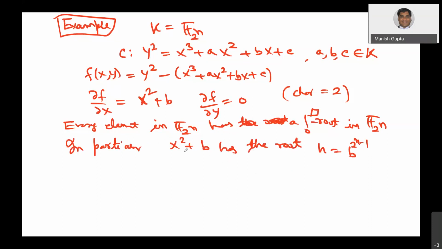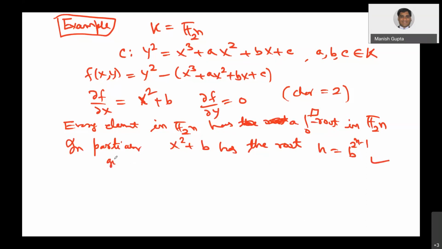Because when we substitute x at the place of h, it will be b raised to power 2 raised to power n, right? This equation will be satisfied, because any element of a finite field will satisfy the equation. So the root turns out to be this quantity. Now once h is this, I can substitute h in this equation and get the value of y.